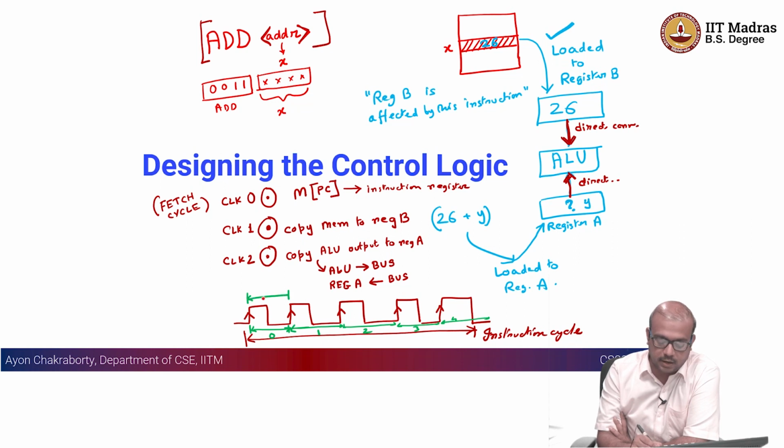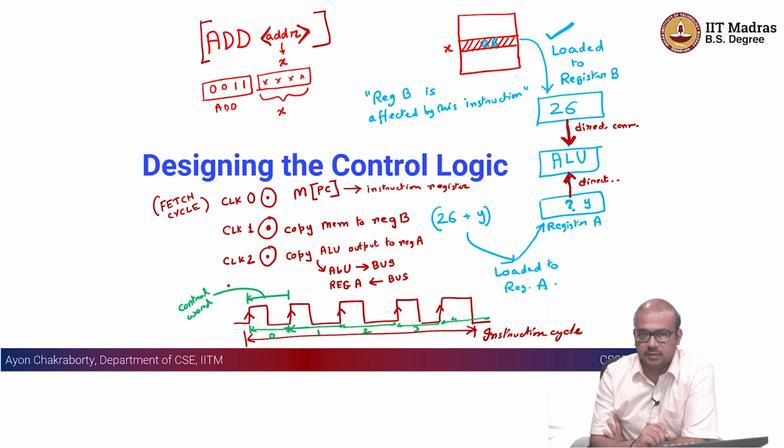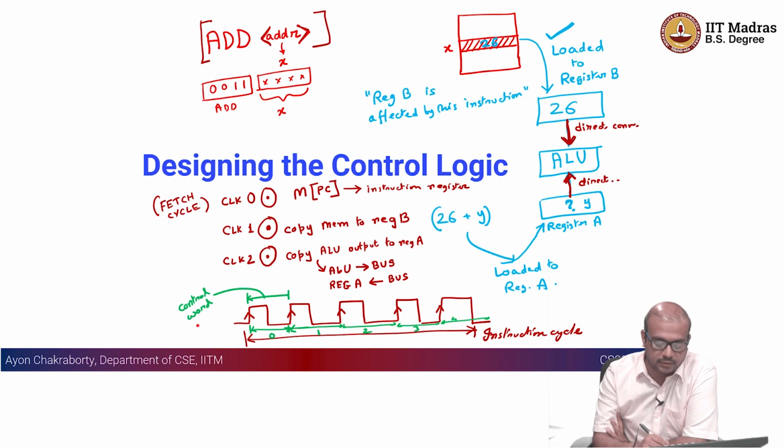So, some control word is going to be issued to the processor. I will just use the word CW to refer to control word. This could be control word 0, control word 1, control word 2, and so on.